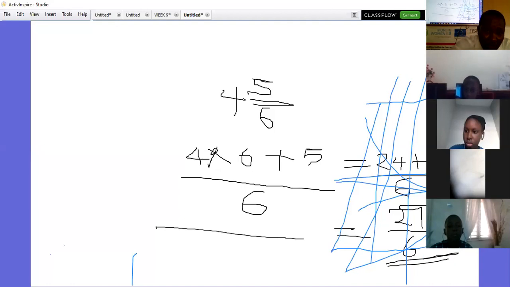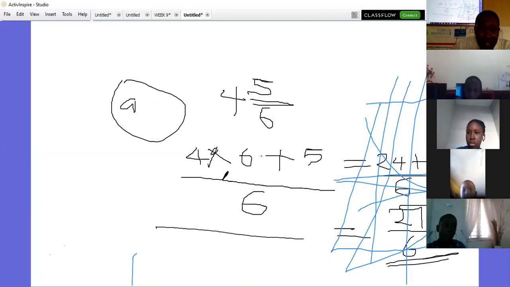According to the rule of BODMAS, we take the multiplication first, which is 4 times 6, which is 24, then plus 5 all over 6. 24 plus 5 is 29. So my final answer is 29 over 6. That is our question A. Take this down before we move on to the next one.